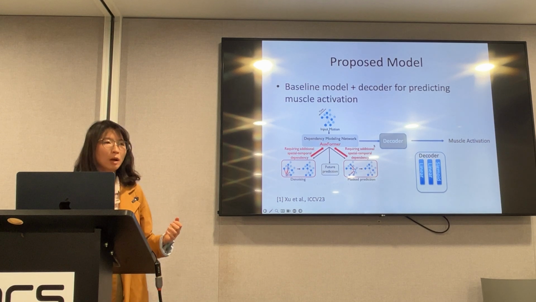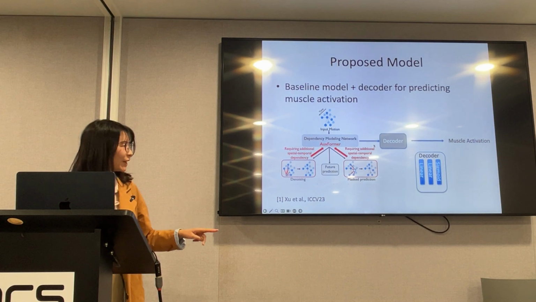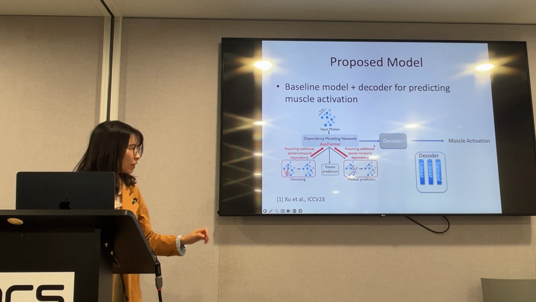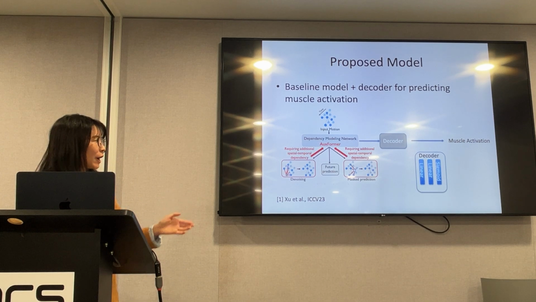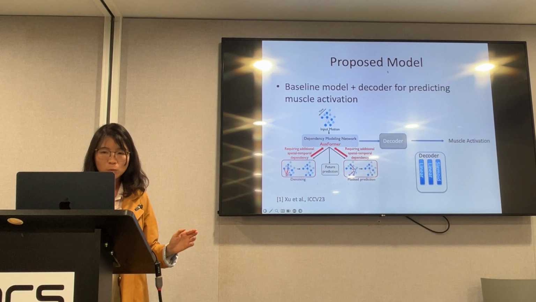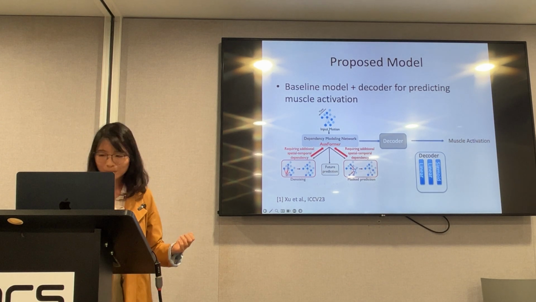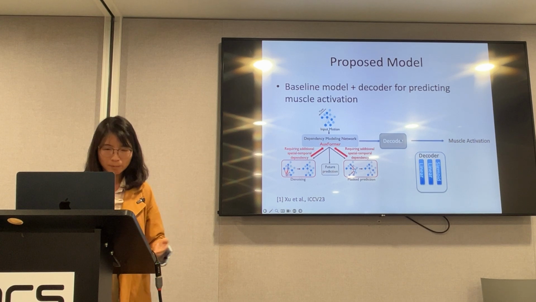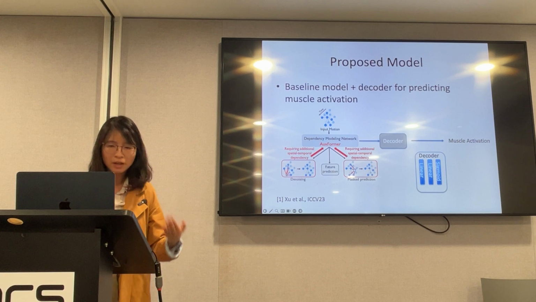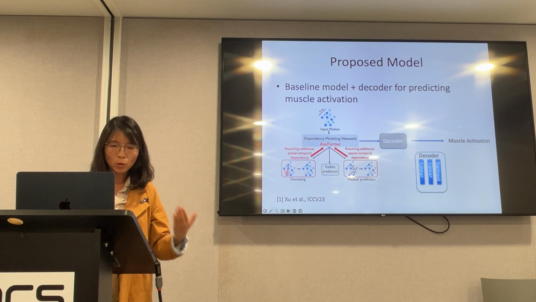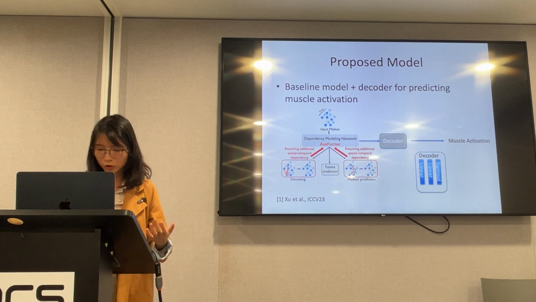The decoder is composed of 2 linear layers and 1 sigmoid layer to predict the final muscle activation. So the overall work is acting as a multitasking network. With this additional decoder, we aim to make the model learn better to have a more accurate motion prediction.